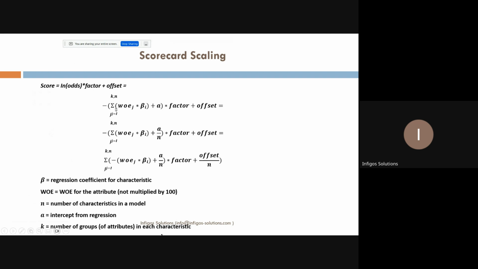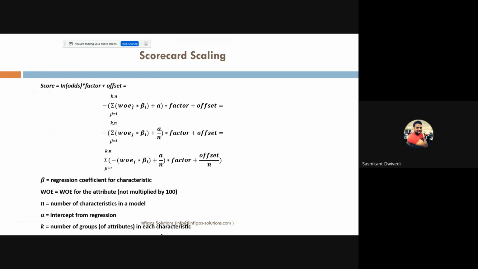The reason for the sign being negative is that you are calculating probability P, but when you do the score, when there is a good score, you want the customer to be accepted, which means low probability. So the probability has to be reversed, or the odds have to be reversed, like 1 minus P divided by P. You're getting my point?